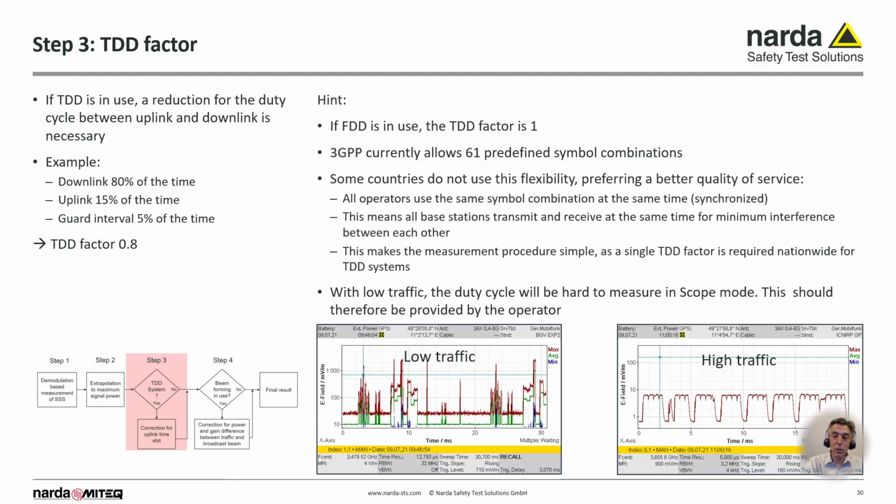So the easiest way is really to do such a measurement. For example, put your alarm clock to 3 o'clock in the morning and do such kind of measurement at 3 o'clock in the morning with a test software on your mobile phone, or ask your operator which TDD factor they are using. Or as long as you are below the limit value, just take the factor 1.